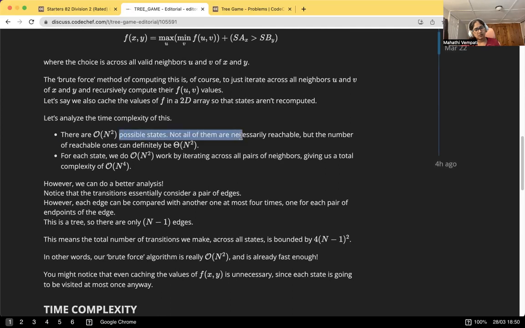Of n square possible states, not all of them are reachable. We do O of n by iterating all pairs of neighbors. I didn't get the O of n to the 4 thing.